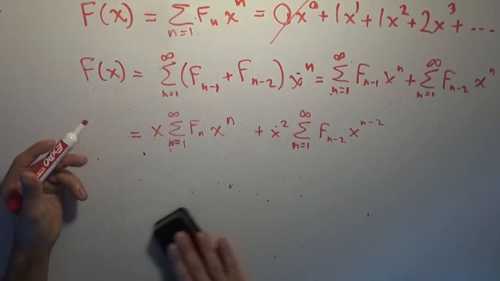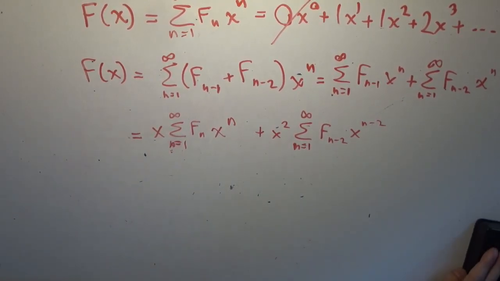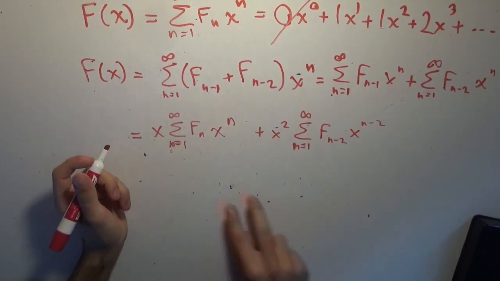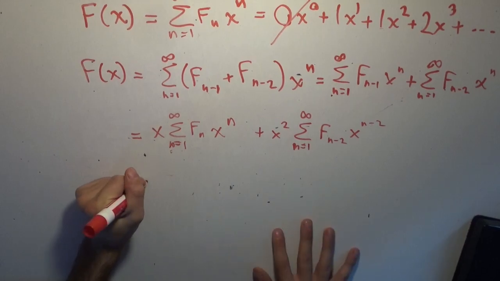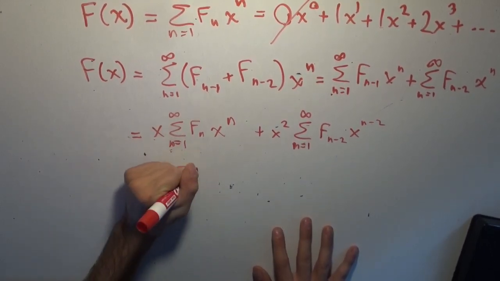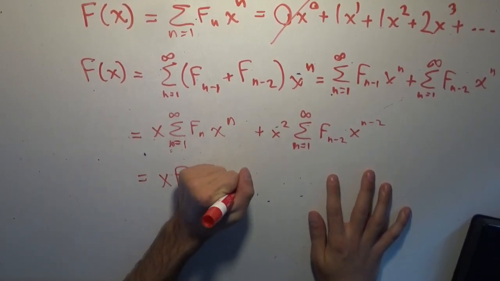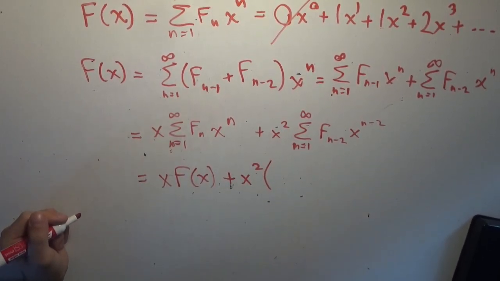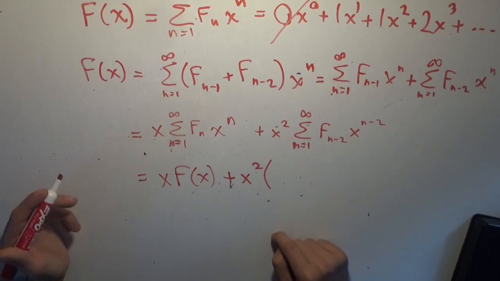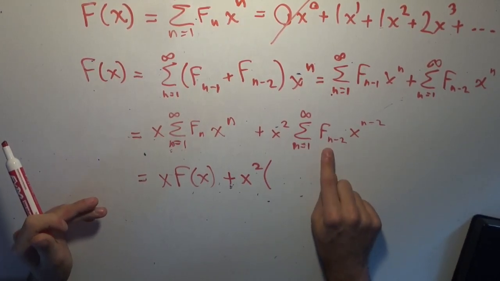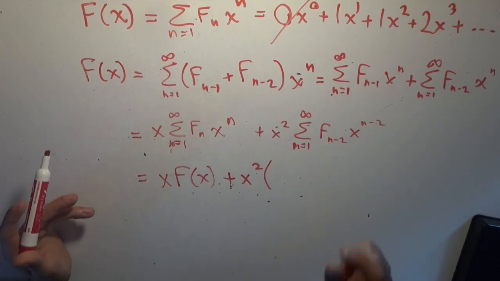So let's go with that. So we're going to take out this first term here. We're going to rewrite, this is actually just x times capital F of x, so that's good. We have recovered F of x, again, out of this manipulation that we're doing. And this one is x squared times, what is the first thing? So we're plugging in n equals 1 here. We get that the negative first Fibonacci term, since 1 minus 2 is negative 1, is going to be 1.